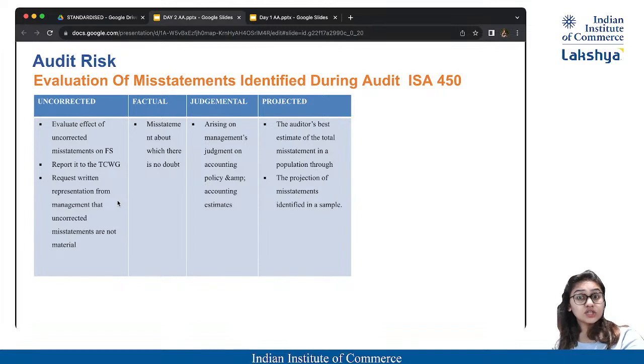Next, judgmental misstatements. Now you know that auditors are of different categories. All my students tomorrow will go and become auditors. Every person's thinking capacity, ability to apply the knowledge is different. So with different people come different judgments. For example, I am one person.